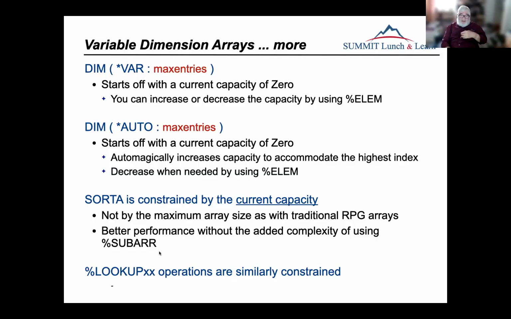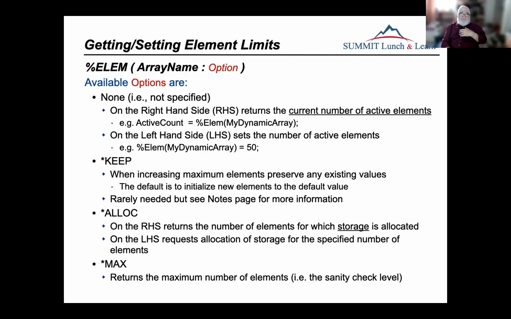Similarly, lookup, similarly constrained. So how do we get and set the element limits? So %elem array name and then there is an option available. The available options are none, that is to say, it's just not specified. So %elem array name.